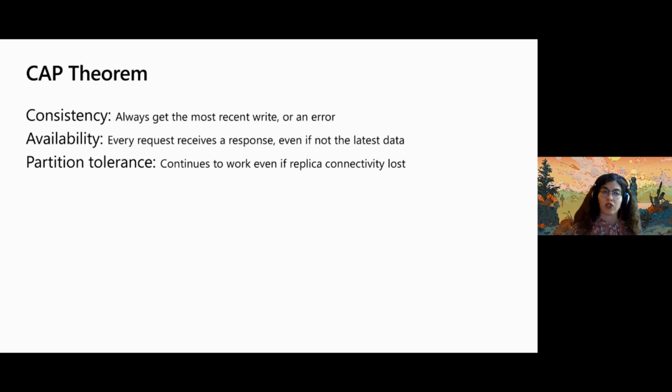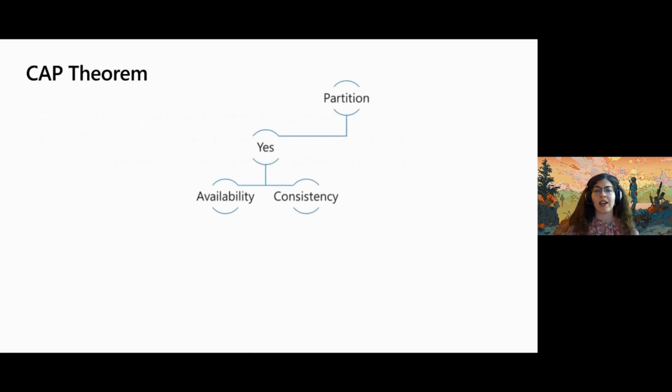So a trade-off between consistency, which means that you always need to get the most recent write, otherwise you will get an error; availability, which is that every request should receive a response, otherwise the application will not be available; and partition tolerance, which is that the system continues to work even if a replica loses connectivity.